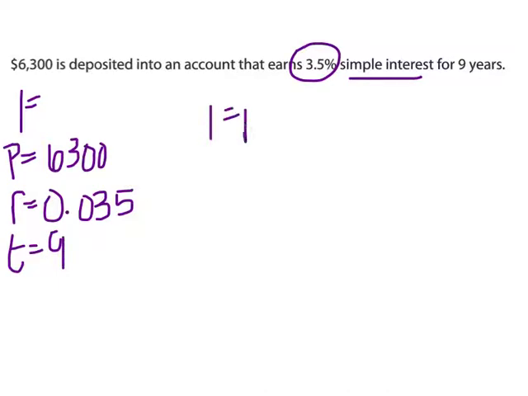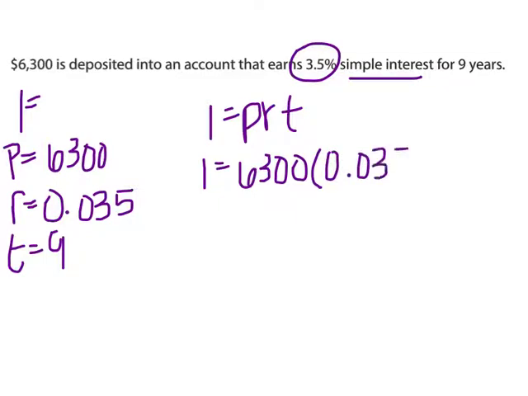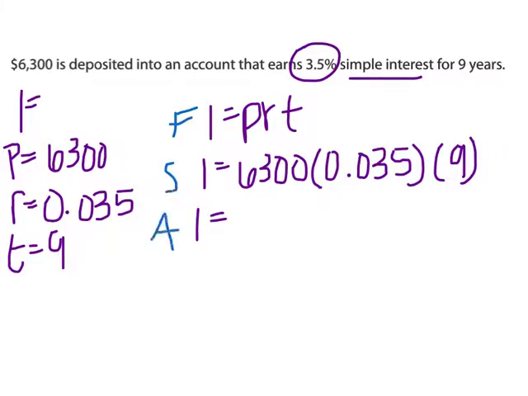So I equals PRT. My principal is 6,300. My rate is 0.035 times 9. If we multiply all of those, we get $1,984.50.